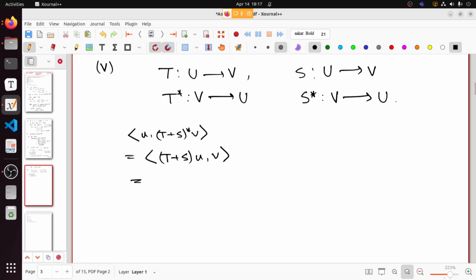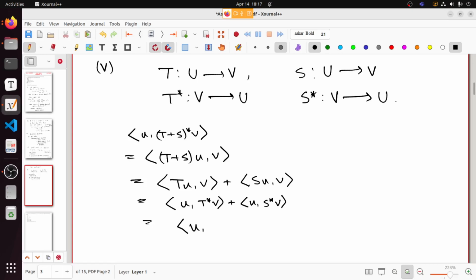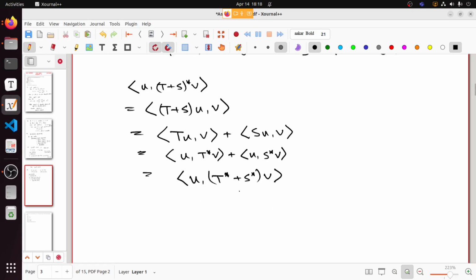And by the linearity of the inner product, this will be basically T(U), V plus S(U), V. Now again use the definition of the adjoint, so it will be U, T star V plus U, S star V. Again use the linearity, so you will get U, (T star plus S star) V, and then by the uniqueness of the adjoint for all U, V, you will get (T plus S) star is T star plus S star, and addition is commutative, right?